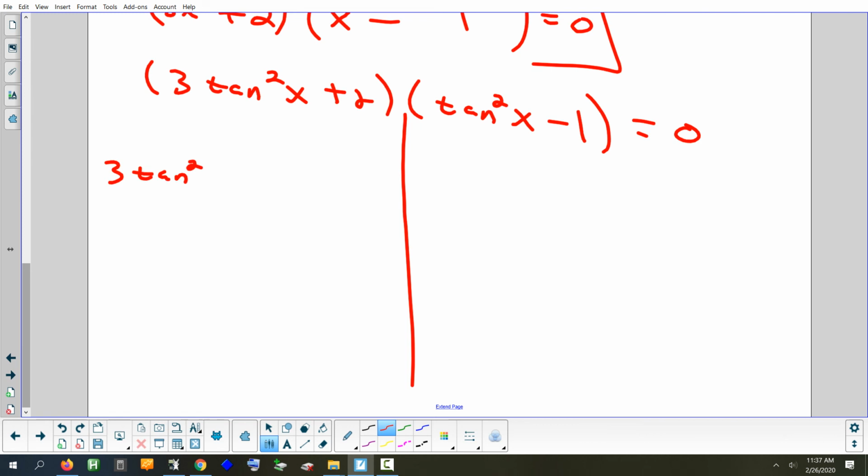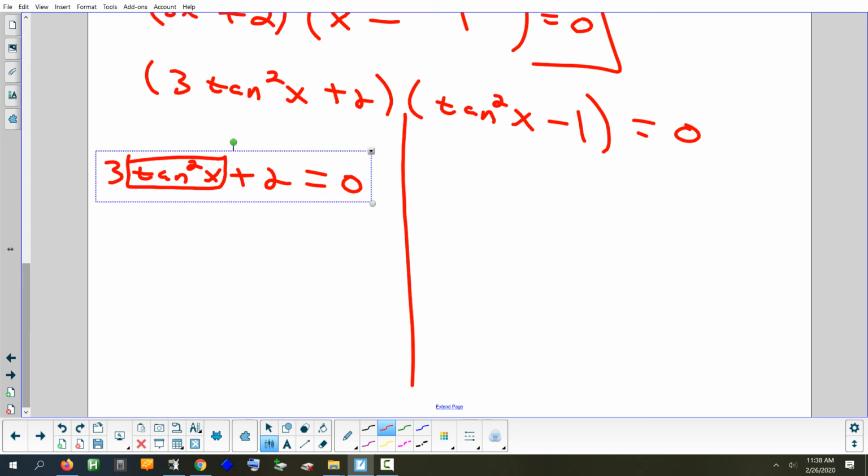3 tan squared x plus 2 equals 0. Remember, think of this tan squared x as like a block. You've got to get the block by itself first. Then you can deal with the exponent. So, what would be your first step to get tan squared x alone?